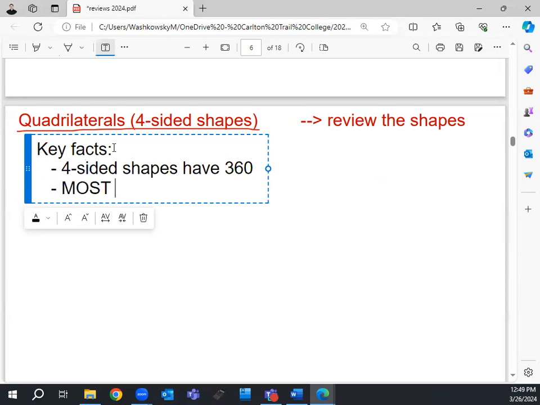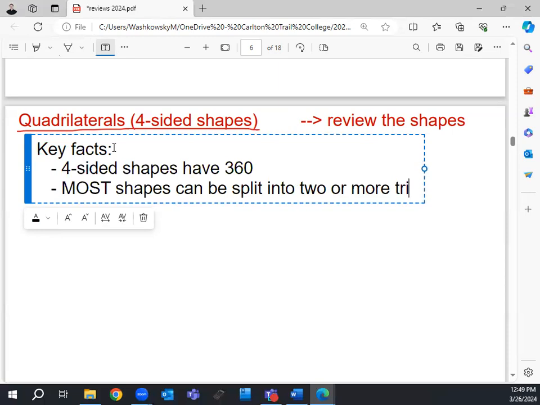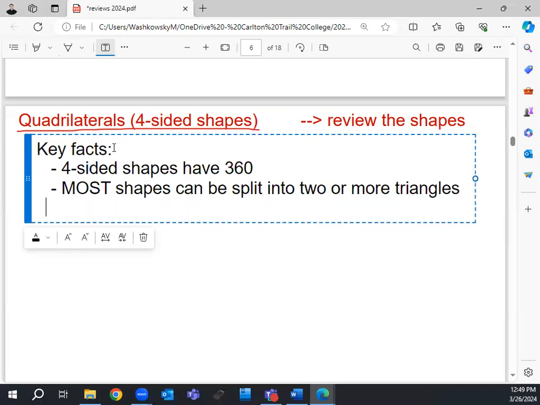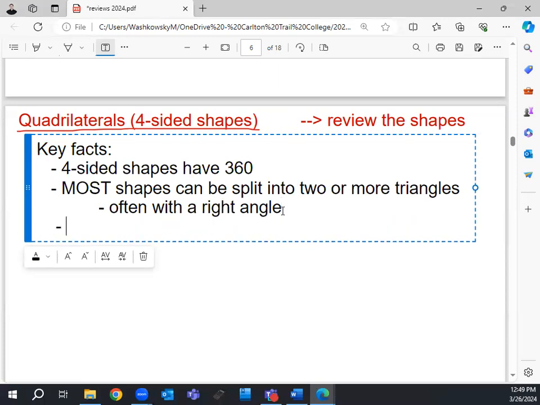The second is that most four-sided shapes, and in the context of this course, all the four-sided shapes you're going to see, can be split into two or more triangles, often with a right angle. So whenever you're given a question, a lot of the time you're going to need to break the shape down. Many of the things you're given can be broken down into simpler shapes.